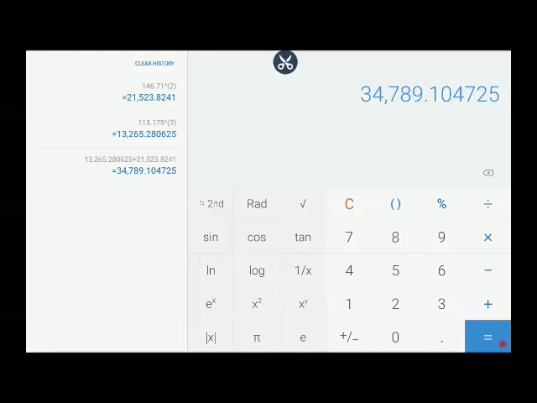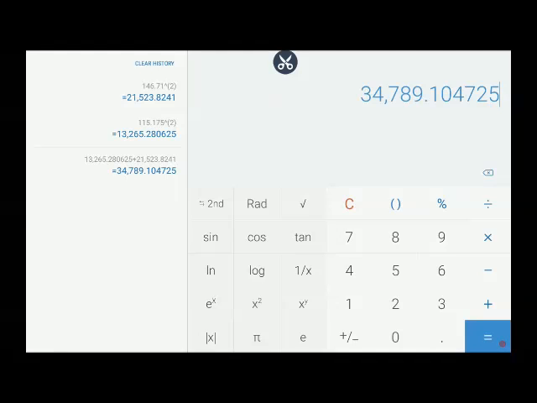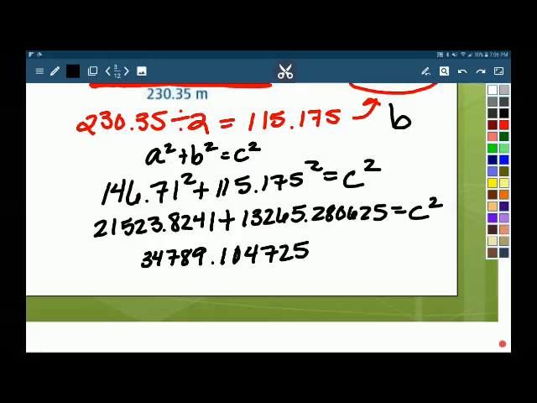Got that big long number that I have to write down now. 34789.10475. I'm going to double check that real quick. 0.10475. Okay. Is equal to c squared.